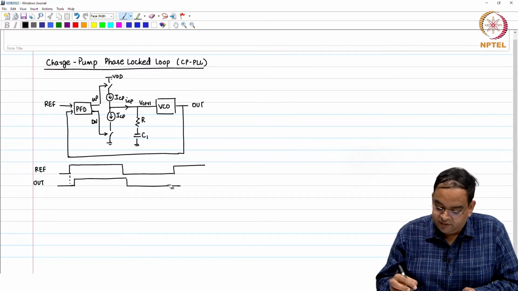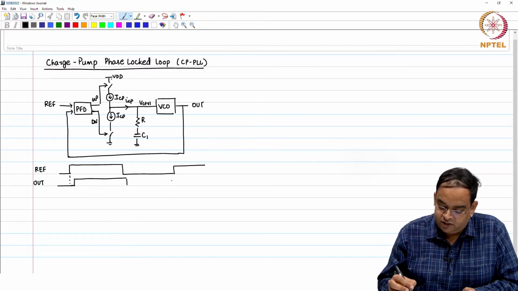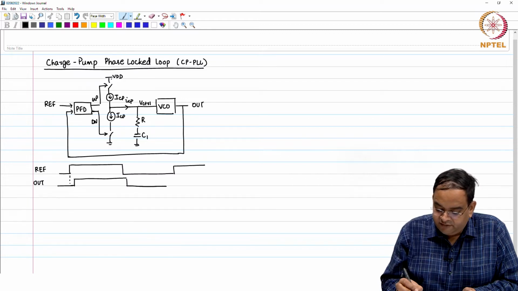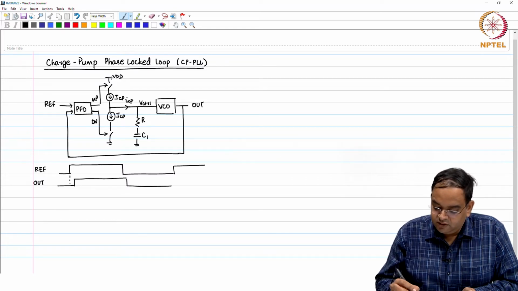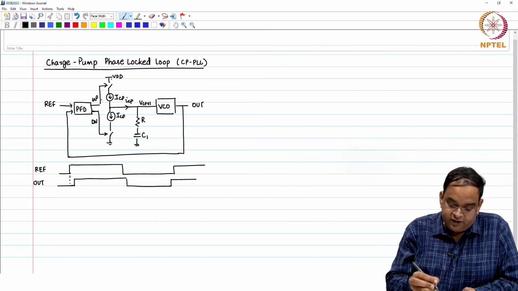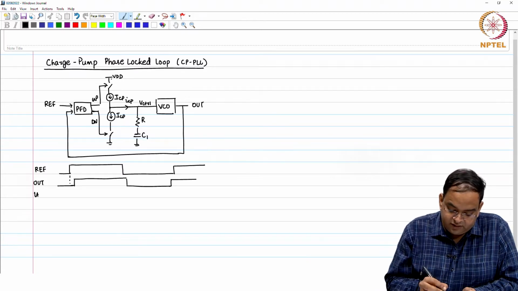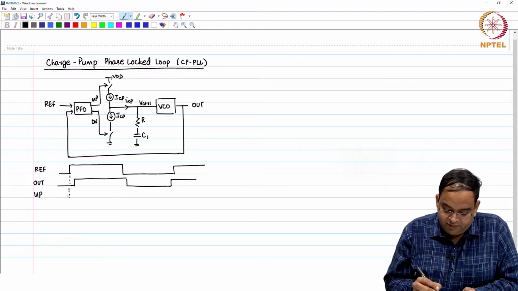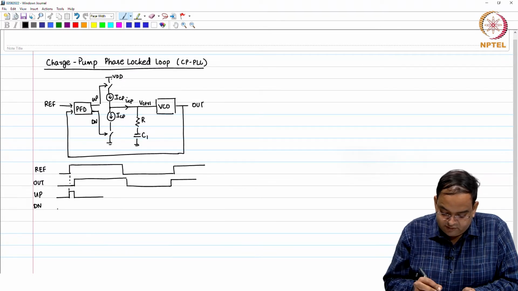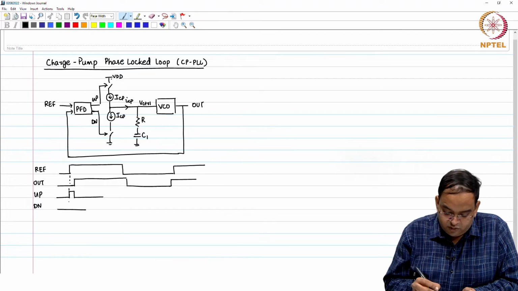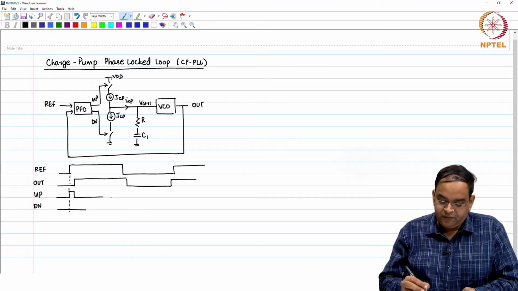We can have for the other one, let me just draw the negative phase error, for example, like this. So, in response to this reference and out pulse, you will have up and down pulses going like this. This will be your up pulse, and the corresponding down pulse will actually remain 0 ideally.